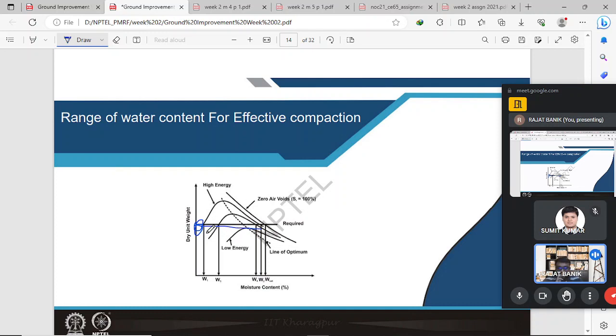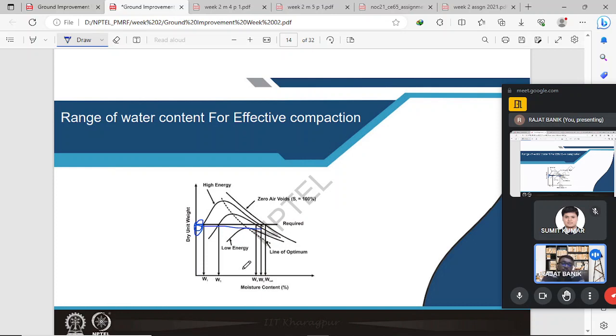So we can say that if we apply high compactive energy in this graph, the range of the water content is also high, that means from W1 to W2. If that much range of water content is available, which means if in soil condition the water content is in this range, we can easily achieve our goal.